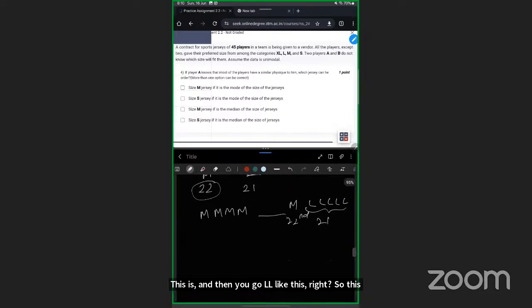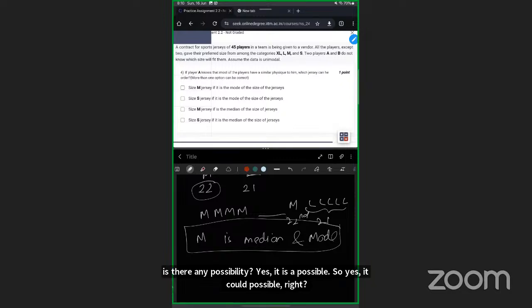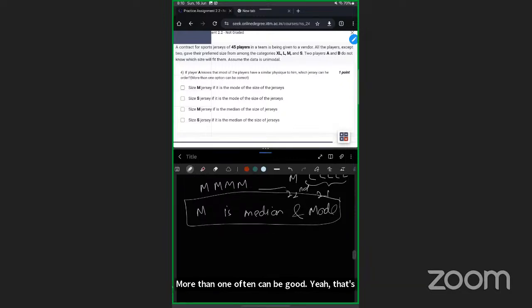So in this case also it's true that M is median and mod. This is the only case you want to find out. That is the question: is there any possibility? Yes, it is possible. More than one of them can be correct, that's given, so it is true.